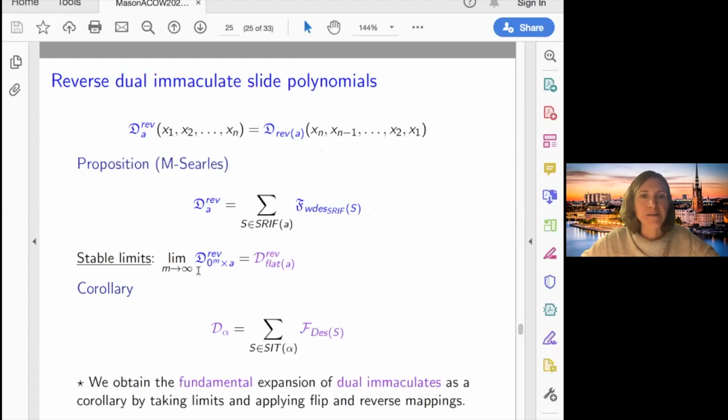The reverse dual immaculate slides do have stable limits and nicely limit to the reverse dual immaculates that we just defined. And so we can obtain the expansion of the dual immaculates into Gessel's fundamentals by first taking a stable limit of the reverse formula and then applying flip and reverse.